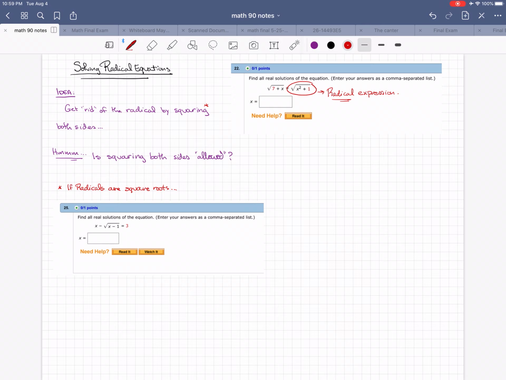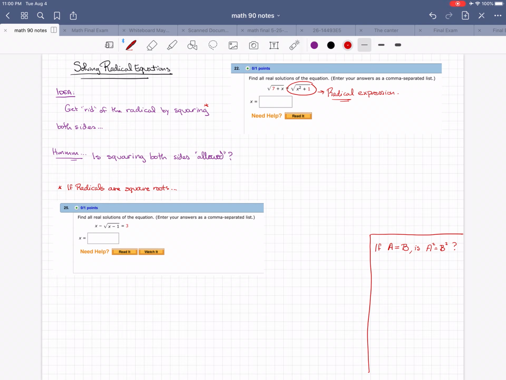So, will squaring both sides preserve equality? I'm going to take a second and ask you the following question. If A is equal to B, is A squared equal to B squared? So if we have two equal numbers, are their squares also going to be equal?